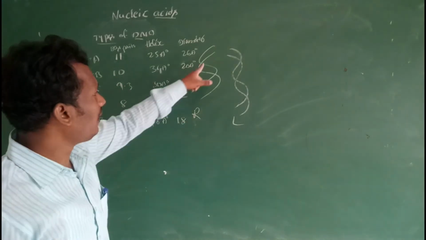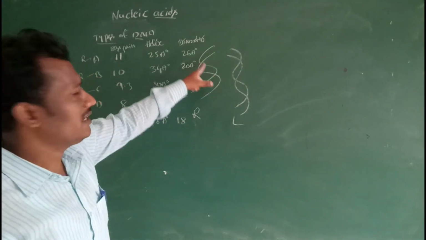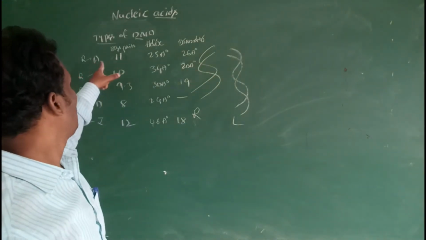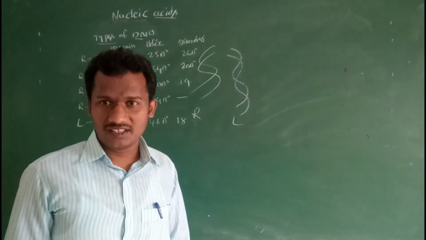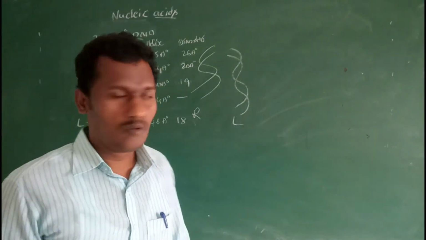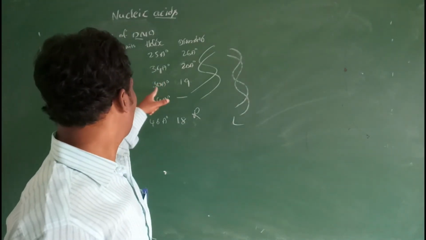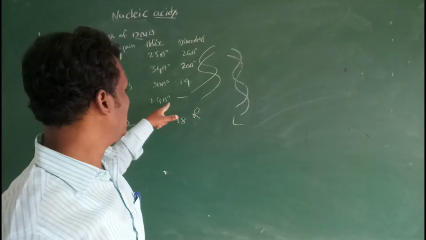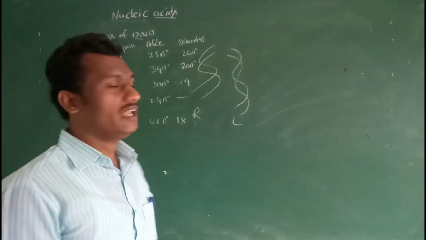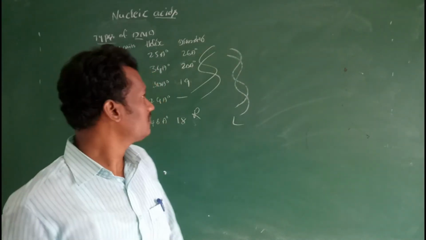Next one, each helix has some distance. A DNA 25 angstroms, that means 2.5 nanometers, then B DNA 34 angstroms, C DNA 30 angstroms, D DNA 24 angstroms, then Z DNA 46 angstroms.